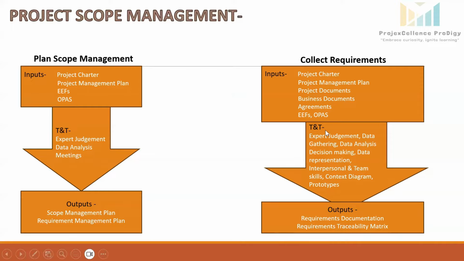Come to the tools and techniques. So expert judgment, we spoke about it in the last process. We can leverage the knowledge and insights of individuals or groups with specialized expertise in the solar power plant field. Data gathering.